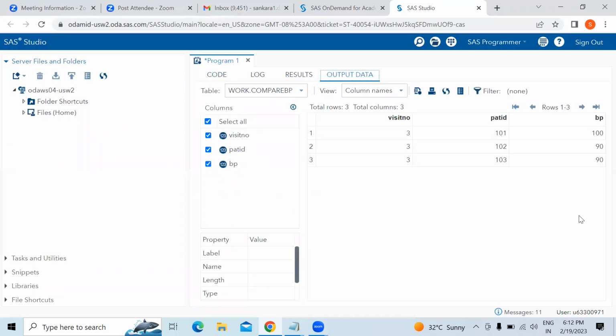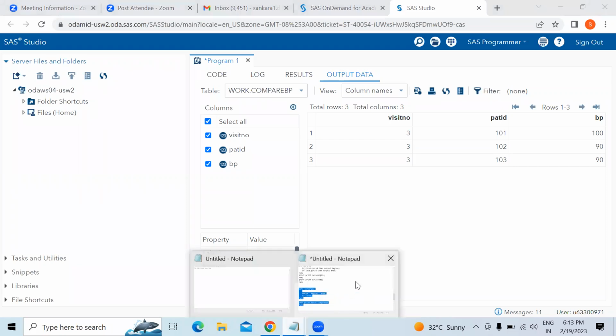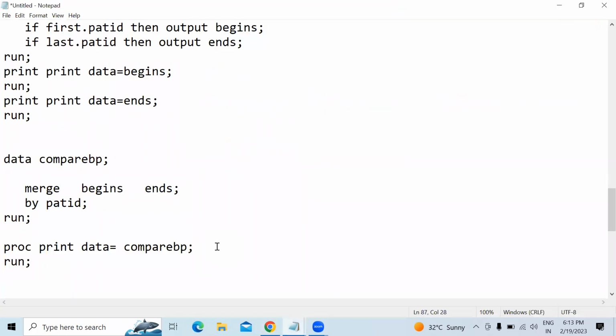Right side is ends, left side is begins. The ends data has overridden the left side information based on the patient ID. I don't want it overridden because I need comparison. That's why we do one thing.